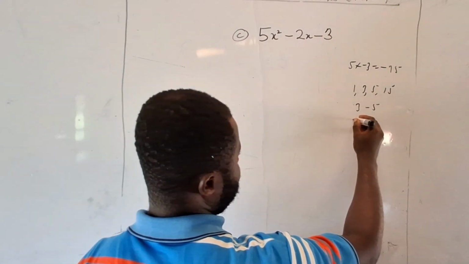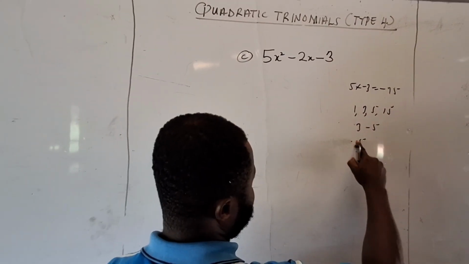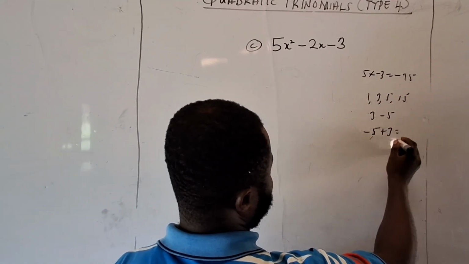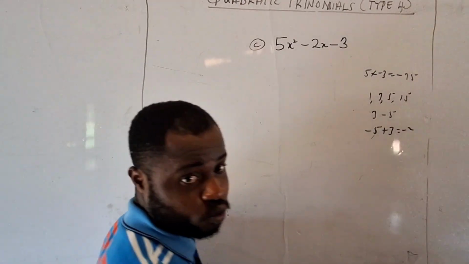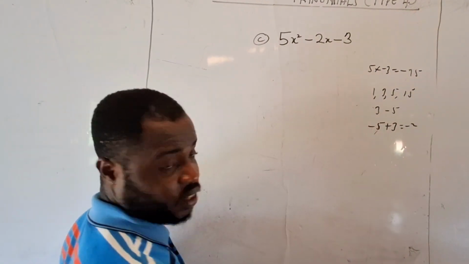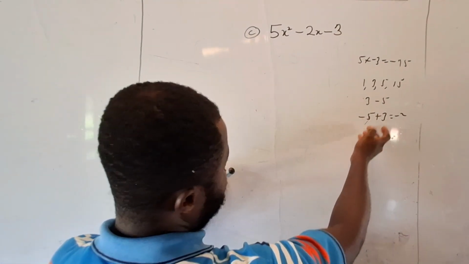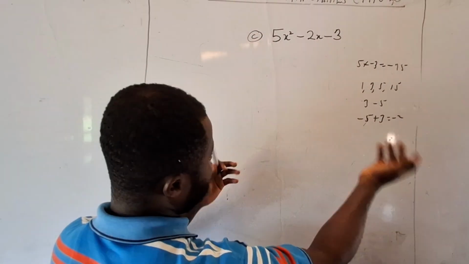Or we can have positive 5 or negative 5 plus 3, which will also give us negative 2. In addition, to give us negative 2, but when we multiply, we're going to get negative 15. So the numbers should be positive 3, then negative 5, or negative 5, positive 3.